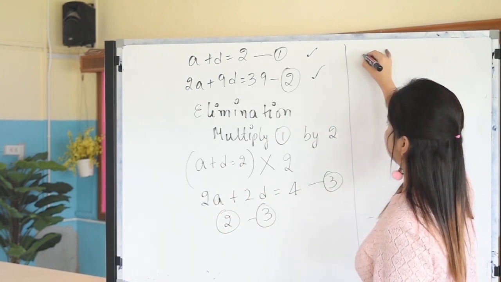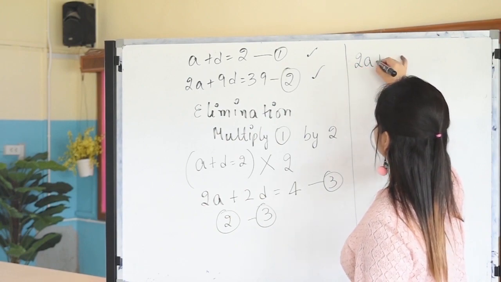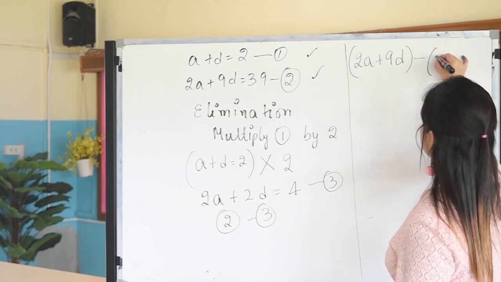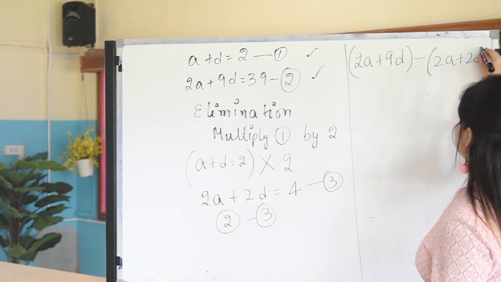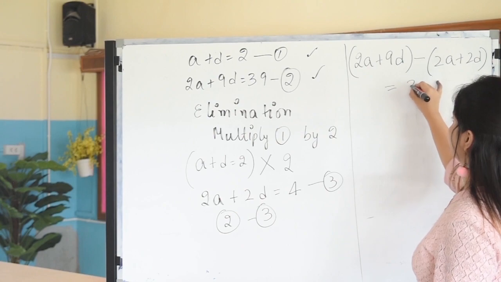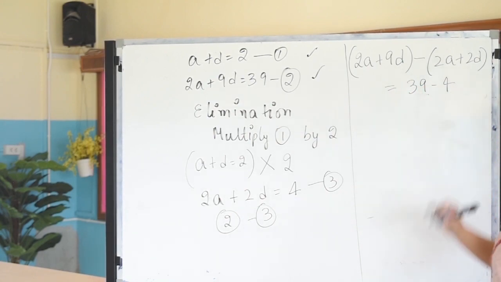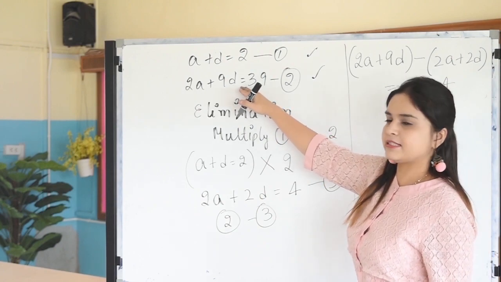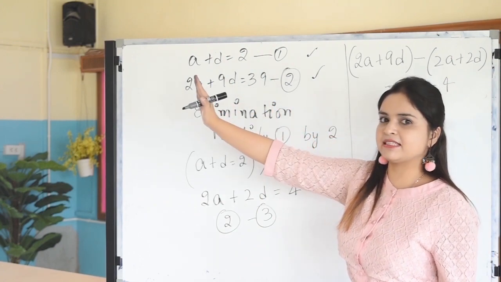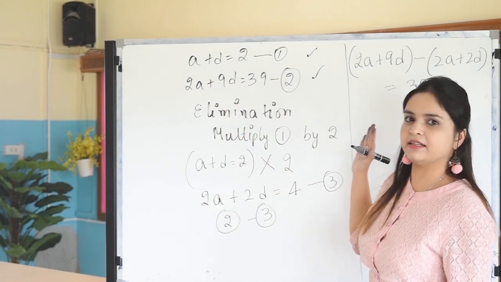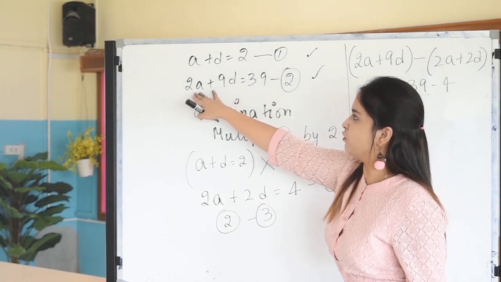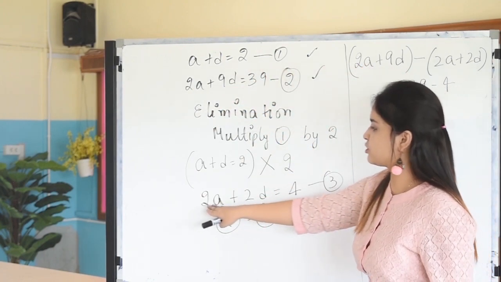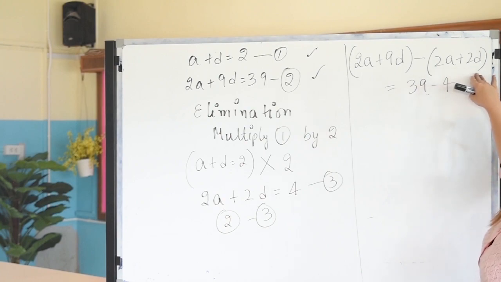Okay, so 2 minus 3: 2a plus 9d minus 2a plus 2d is equal to 39 minus 4. See, what I did here is I subtracted the left hand side and the right hand side. My left hand side was 2a plus 9d minus 2a plus 2d.